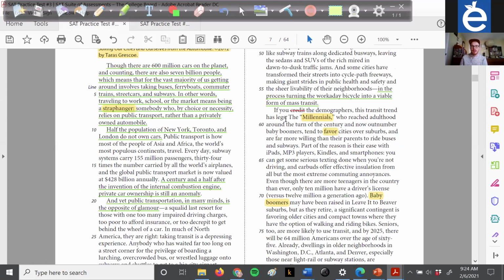So let's read the whole sentence. The millennials who reached adulthood around the turn of the century and now outnumber baby boomers tend to favor cities over suburbs and are far more willing than their parents to ride buses and subways.